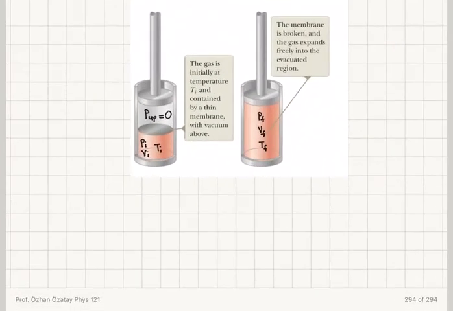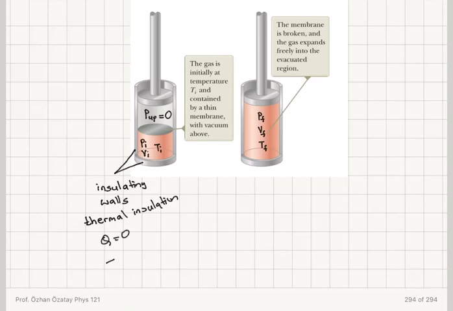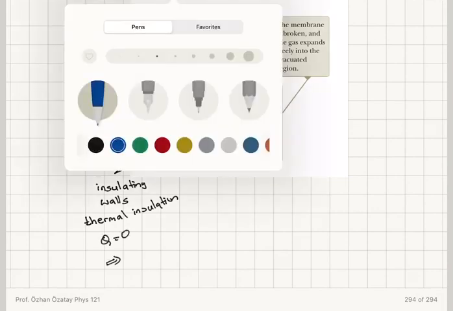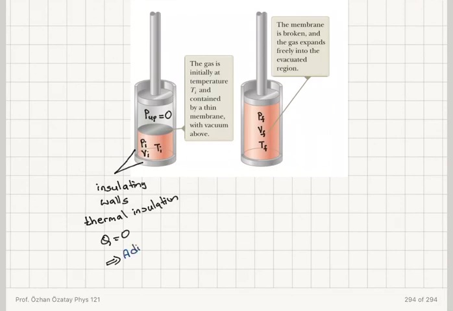Now what I would like to note is that these walls are insulating walls. If you have insulating walls, there is thermal insulation, and that implies that you don't allow heat exchange with the environment, and we call that an adiabatic process. So an adiabatic process means there is no heat exchange with the environment.